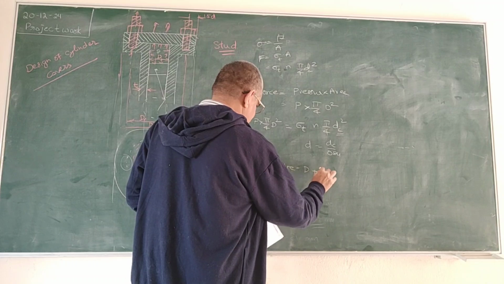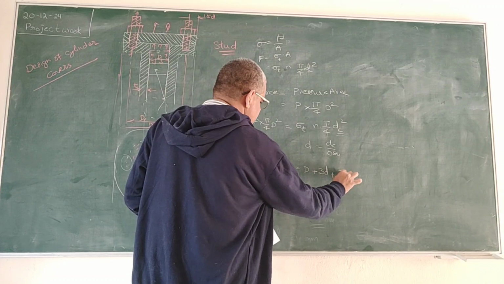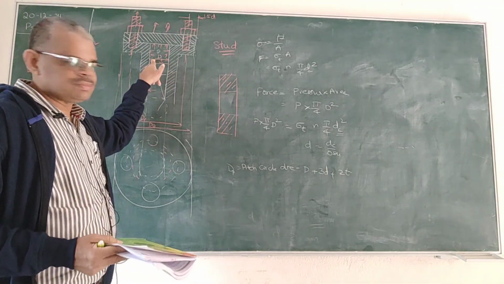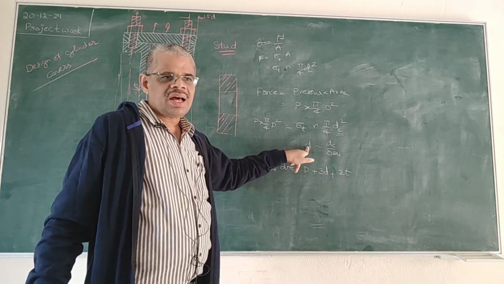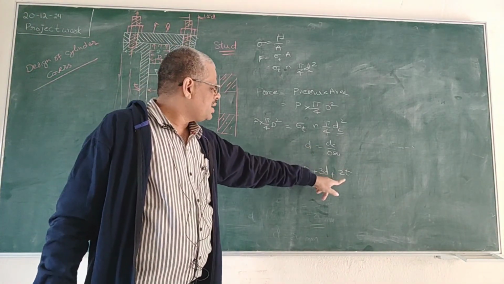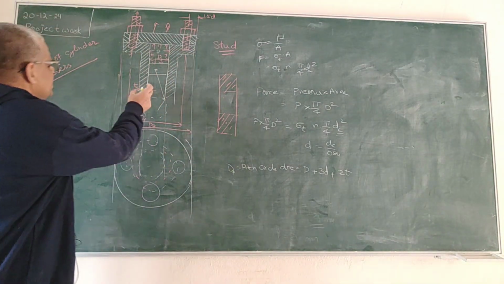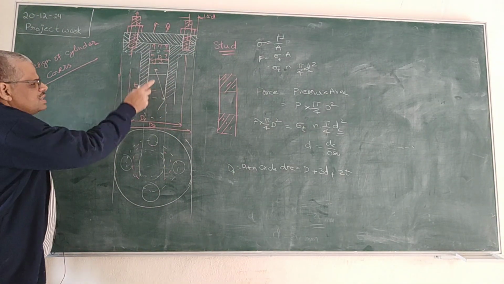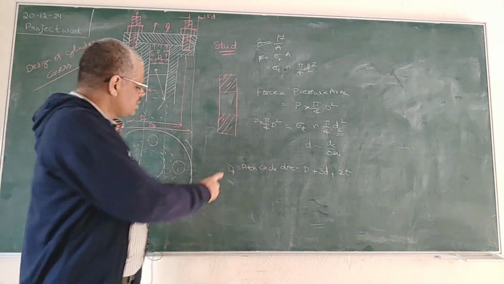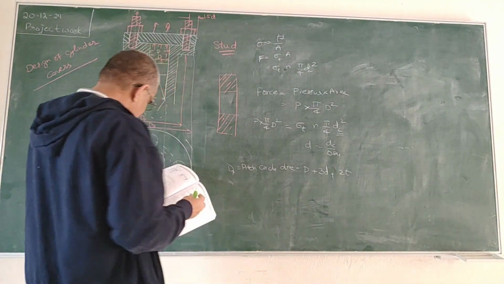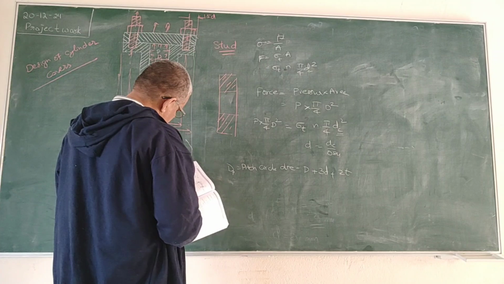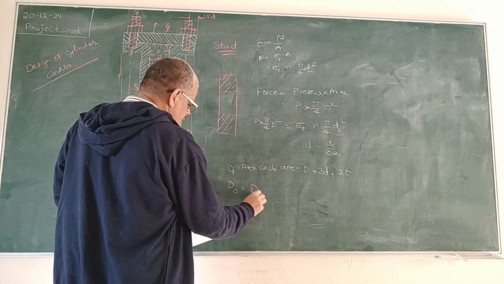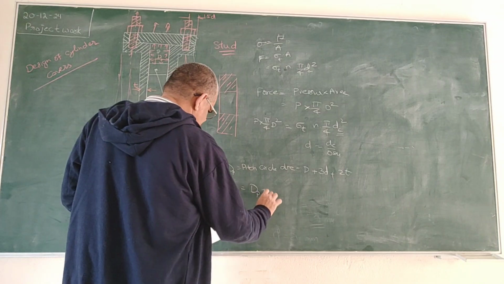DP is given by capital D plus 3d plus 2t. Capital D means diameter of the cylinder here, d is diameter of the stud, what we got, and t is the thickness of the cylinder, it will be given. And for outer diameter also there is a formula: DO is equal to DP, pitch circle diameter, plus 3d.